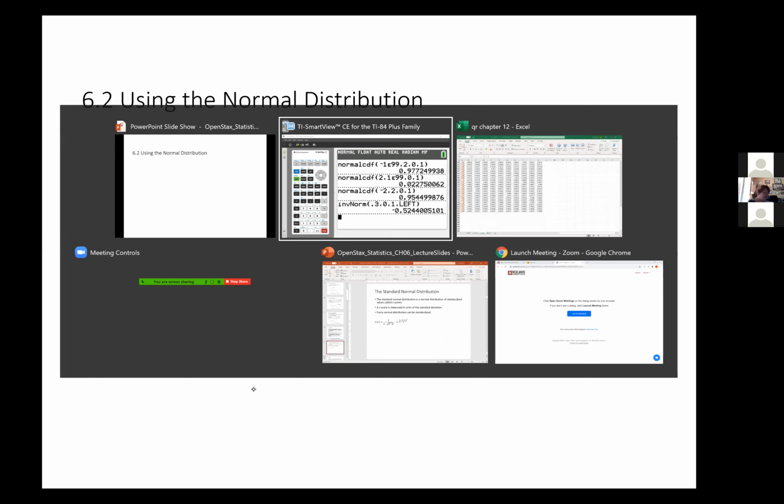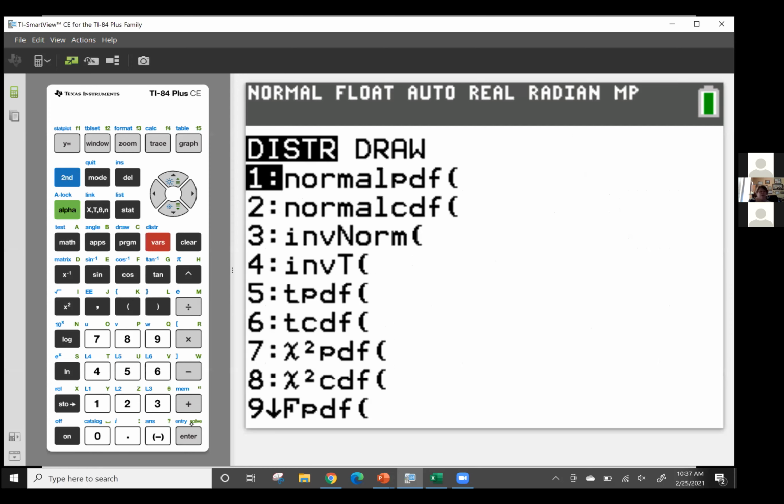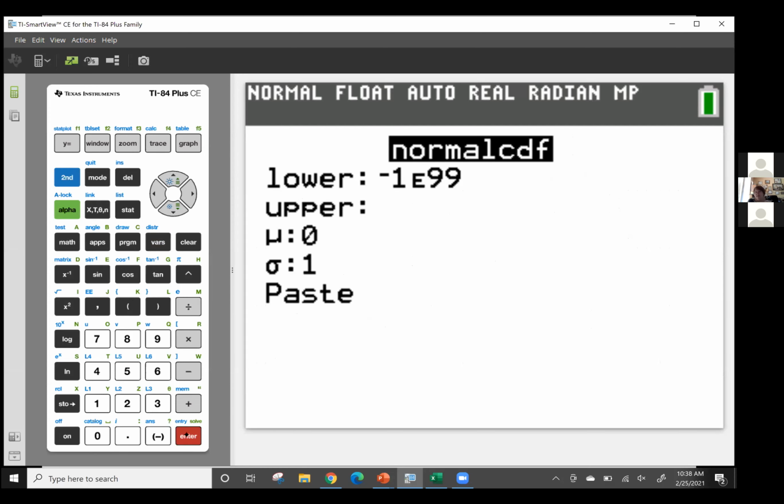You don't need to do that. Given any normal distribution, with any mean and any standard deviation, if you look at your calculator again real quick and we look at the normal distribution, you can let the mean be anything.